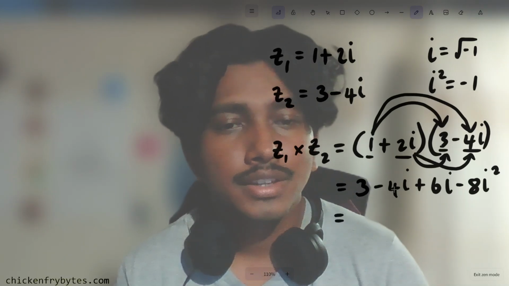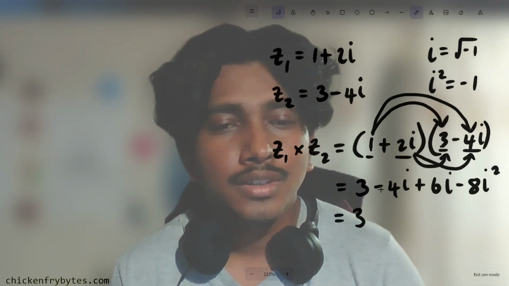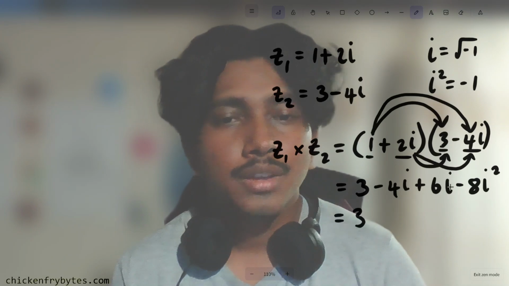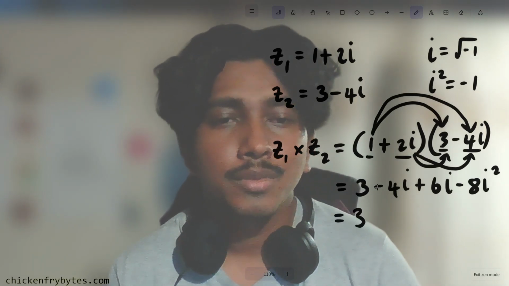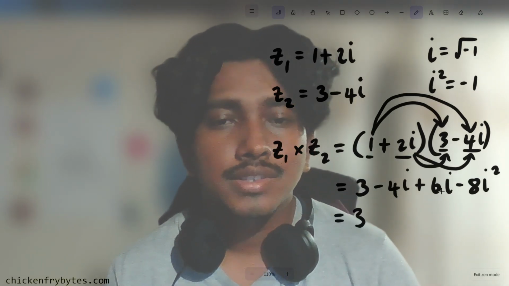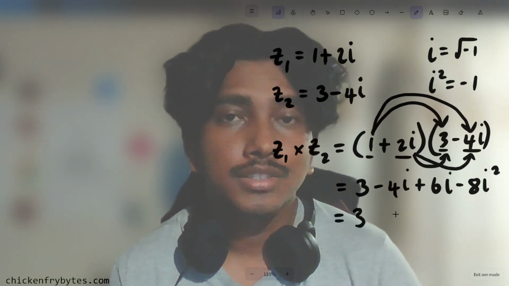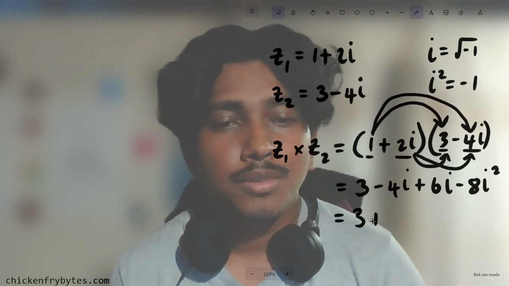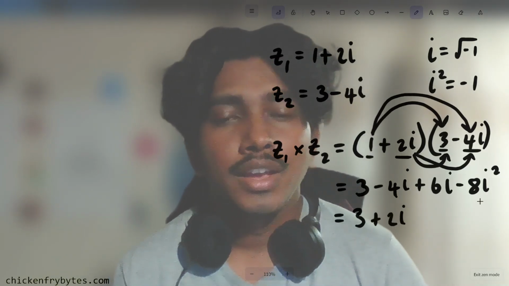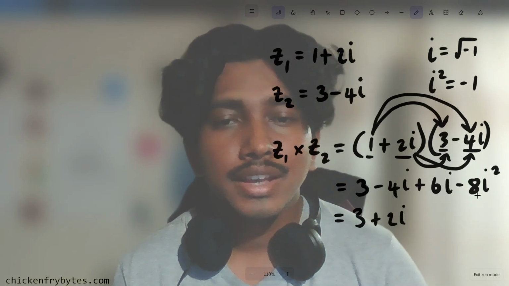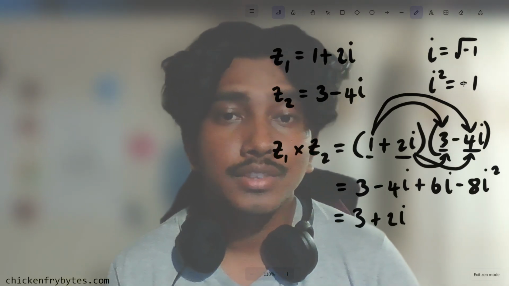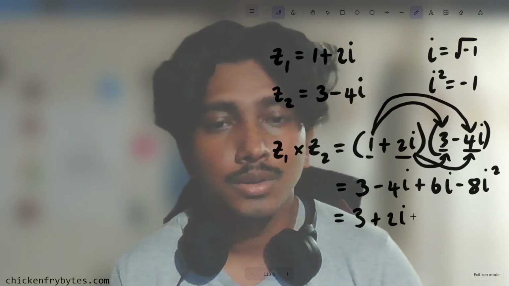We know that in this case, we can have 3 minus 4i plus 6i, in the same way that -4 plus 6 is positive 2, right? We'll have positive 2i here. And in this case here, -8i squared, we do know that i squared is simply -1.